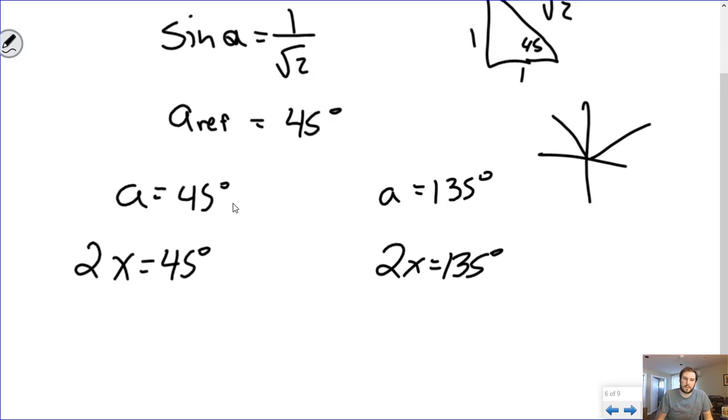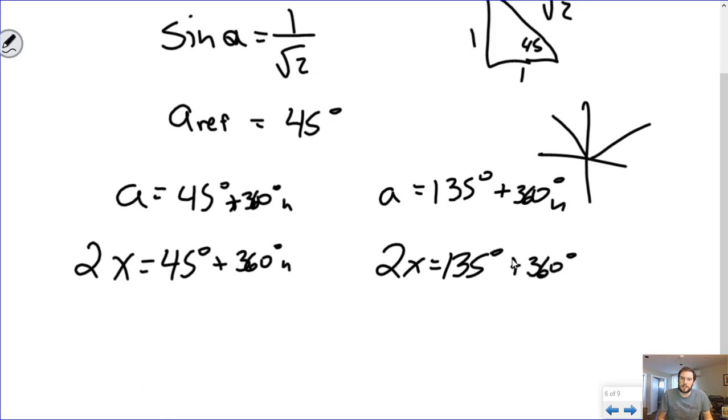And again, same thing, this angle here would have had plus 360 degrees, and same thing with this one, plus 360 degrees n. So 2x would have the 360 degrees n, and this would have 360 degrees n.